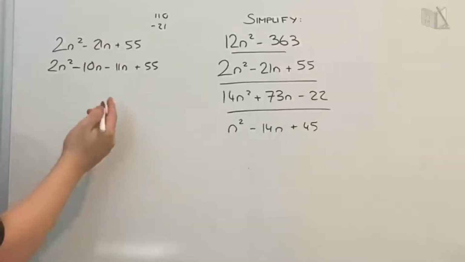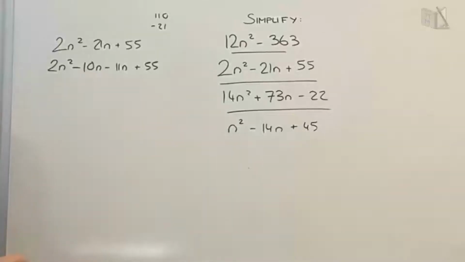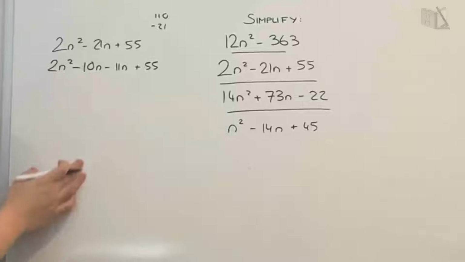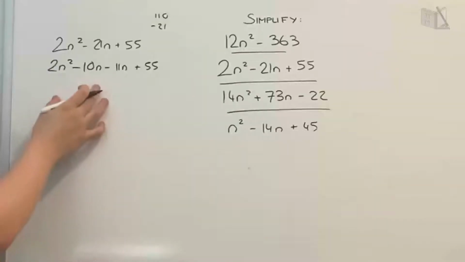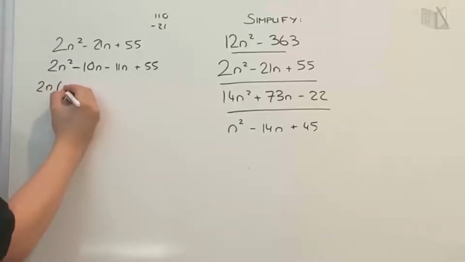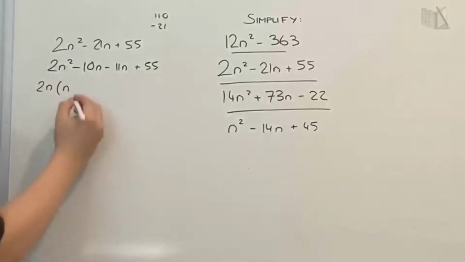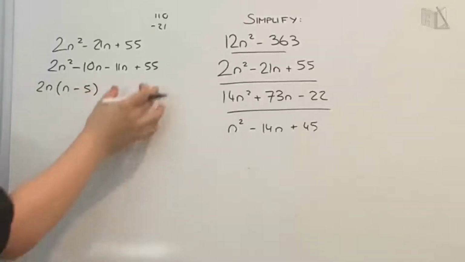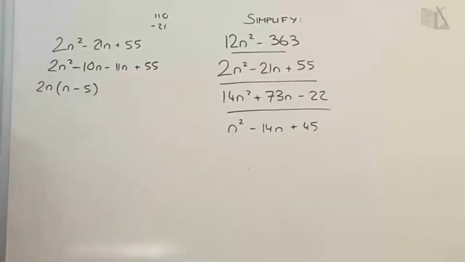What this allows me to do is factor by grouping. First I look at 2n squared minus 10n, and I notice that we can take out a common term of 2n, and inside the bracket we'll be left with n minus 5. Then we look at the other side, minus 11n plus 55.